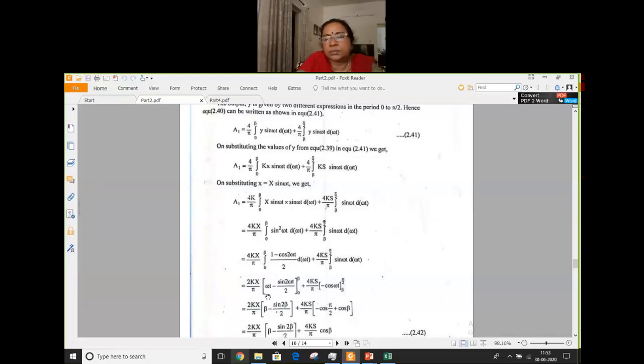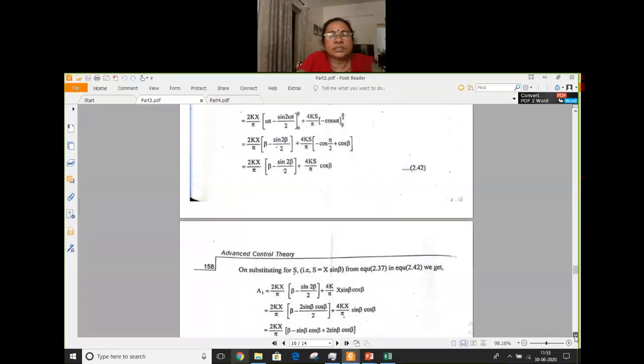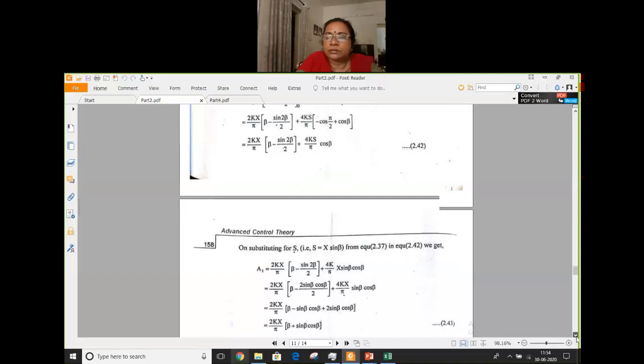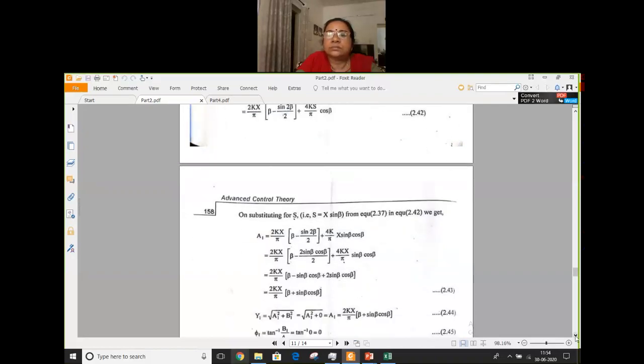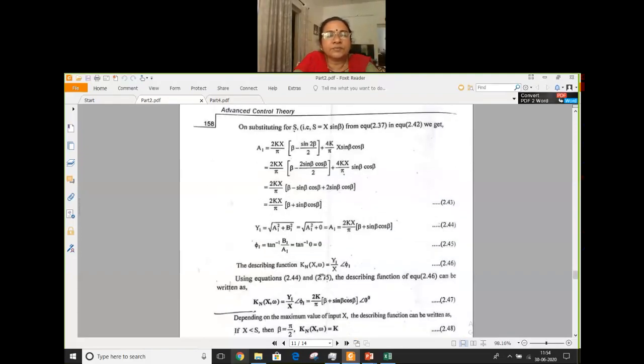This is the derivation part. Then substitute the values of ks, x and beta. Then you will be getting A1, and so the describing function, Y1 by X angle phi1.